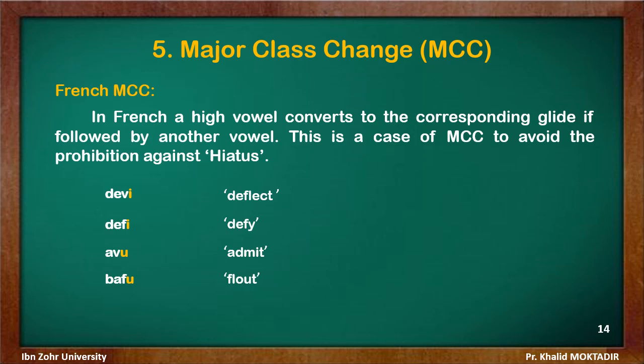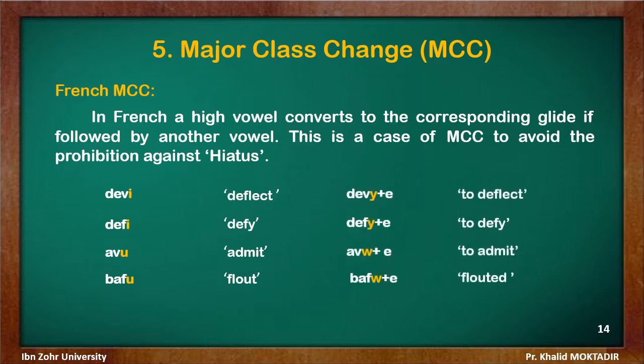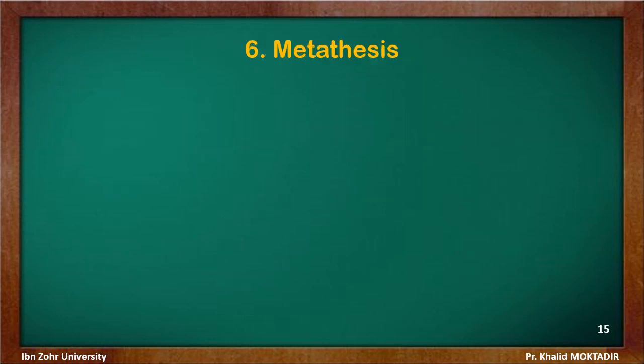So dévi is going to be pronounced dévier, défi, défier, avoue, avouer, and bafouer. Notice how the high vowels change into the corresponding glide with the same features for backness and rounding.